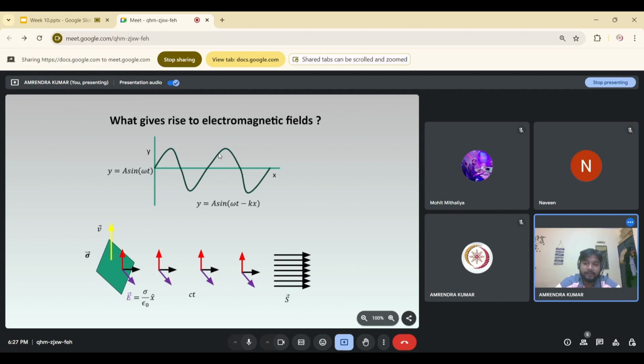Now, if anyone asks what is the velocity of this wave, how it is traveling, then you can immediately see that whatever the excitation is here, when it reaches here, it will have traveled around lambda distance.